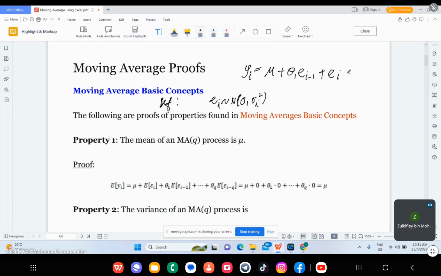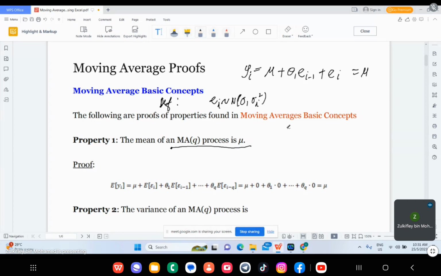So we want to prove, what is this value? We want to show that this becomes mu. To prove this is equal to mu, we want to prove the mean of the moving average Q is equal to mu.